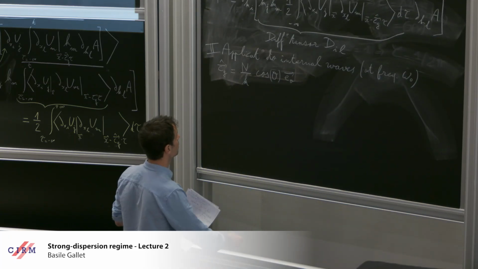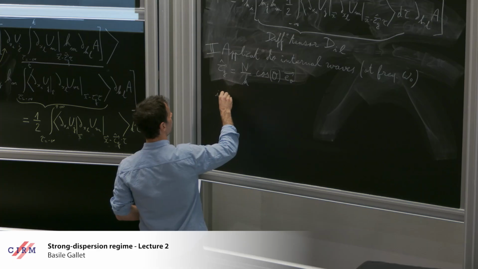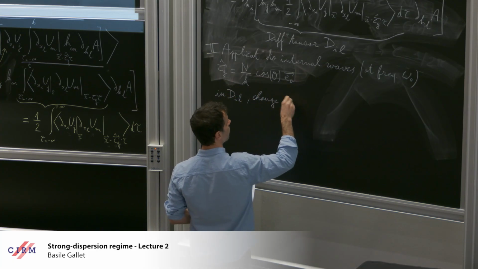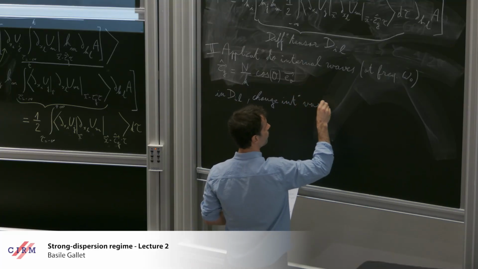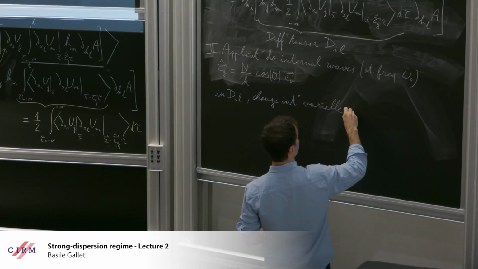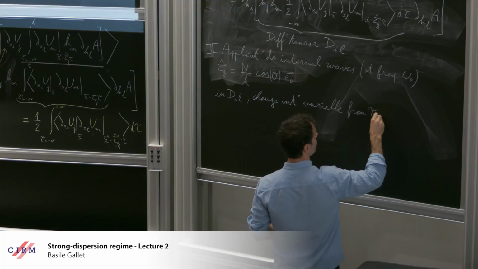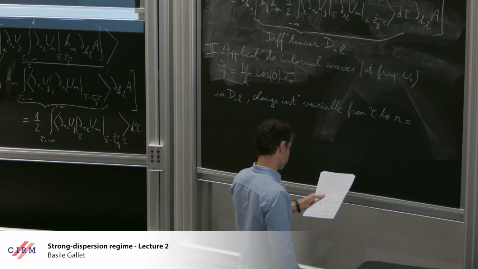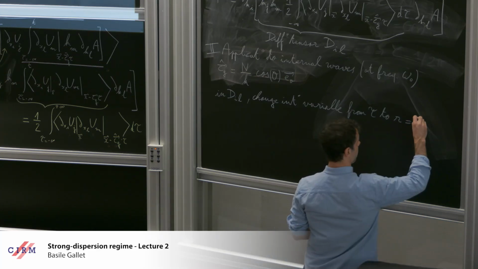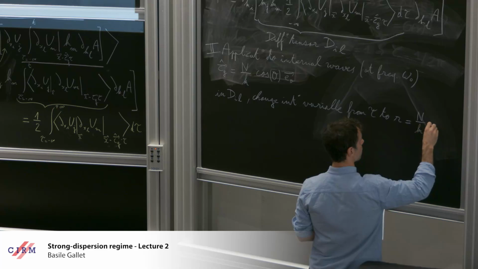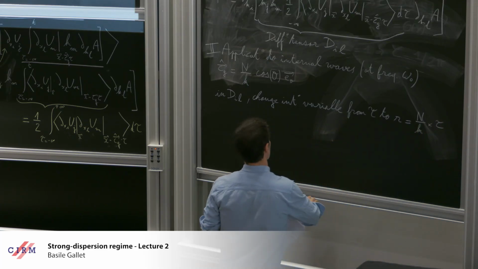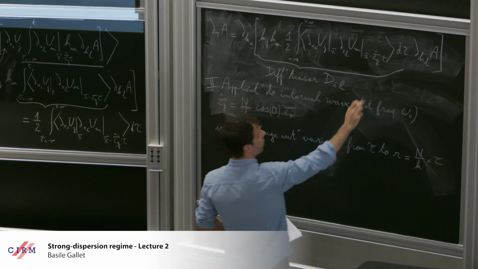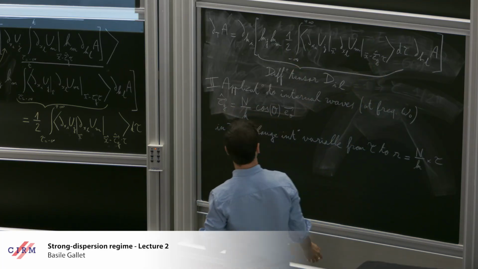And so now here, in DIL, we're going to change integration variable from tau to r, and r is n over k times tau. The reason I want to do that is that I want this coefficient here to be independent of k, and it only depends on k through the group velocity here.